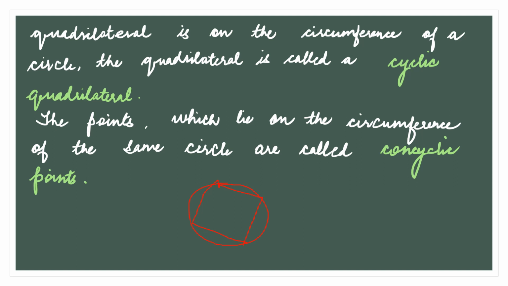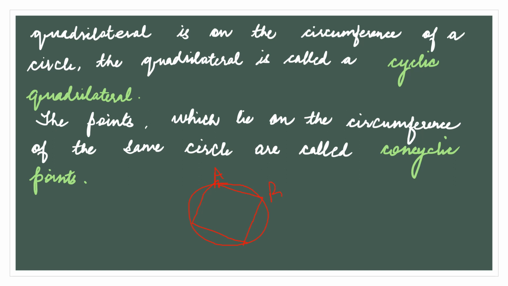Then this is called a cyclic quadrilateral. The points which lie on the circumference, like A, suppose this is A, this is B, this is C, and this is D. Then the points which are on the circumference of the circle are called concyclic points.